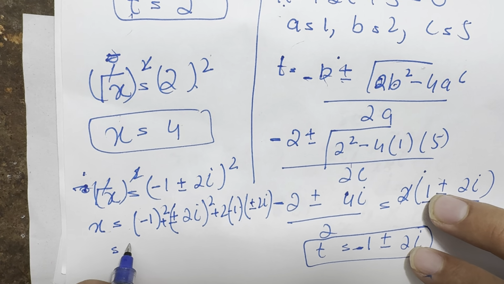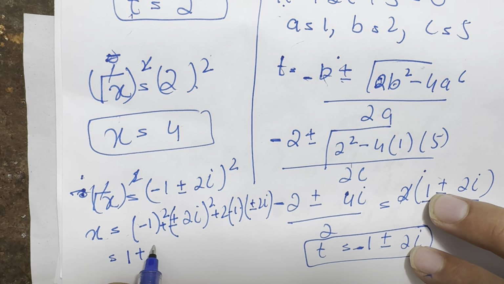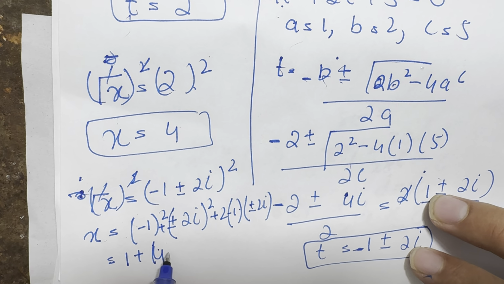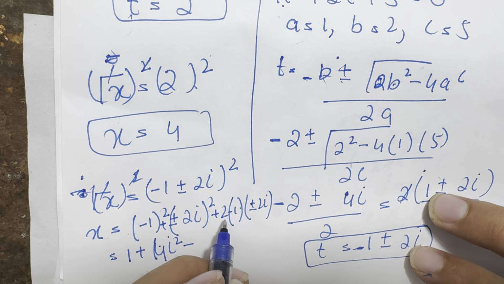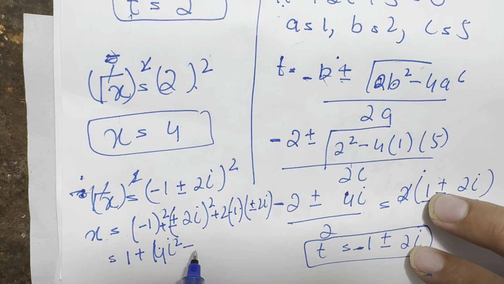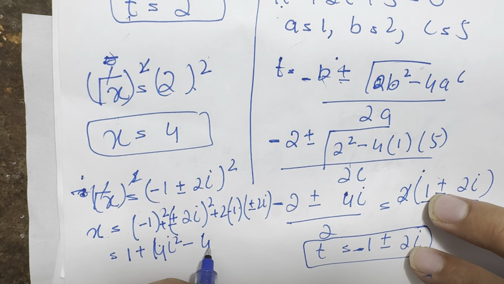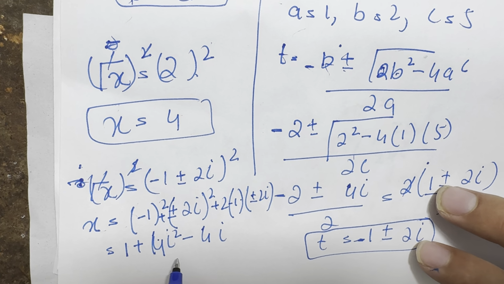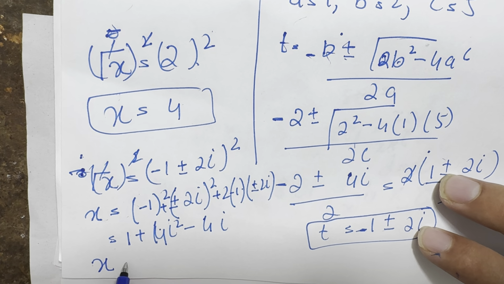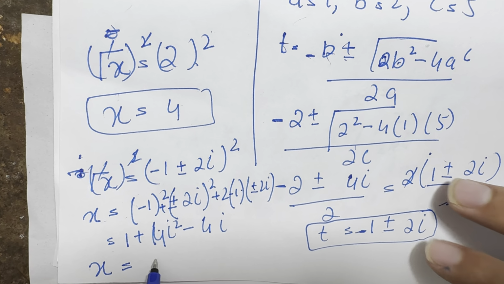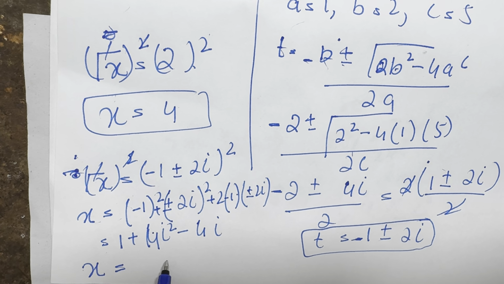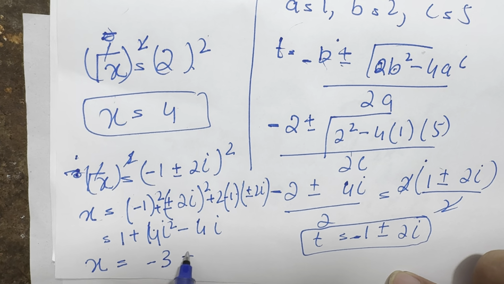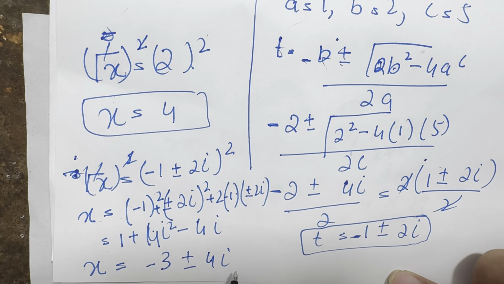Okay, so this will become 1 plus 4 iota square, minus and minus, so 2 2s are 4, 4 iota. Okay, so x will become equal to minus 3, plus minus 4 iota.